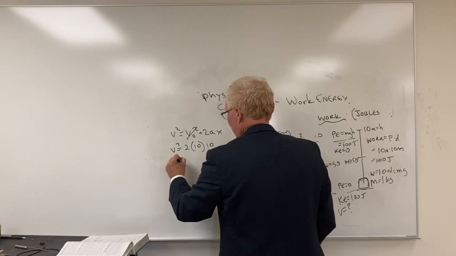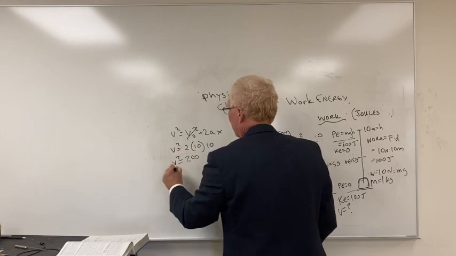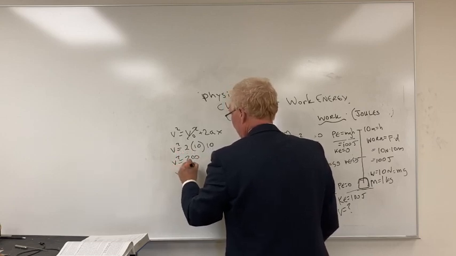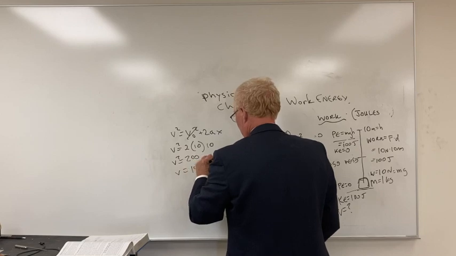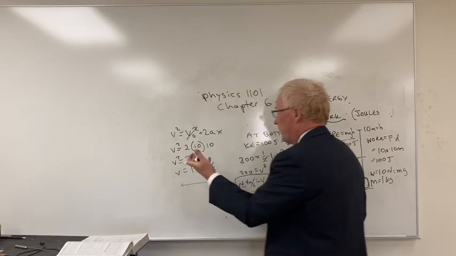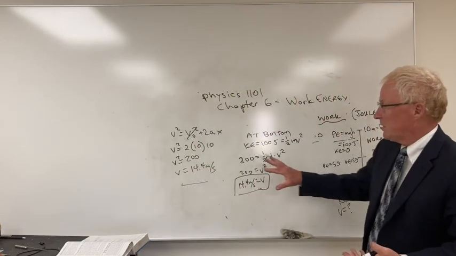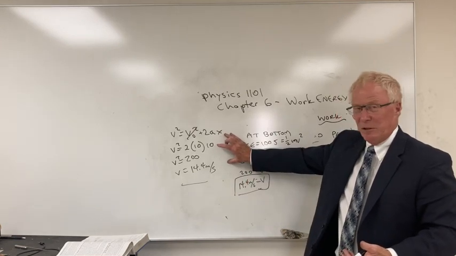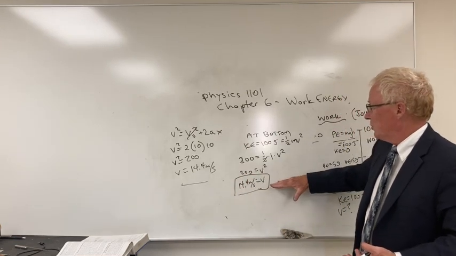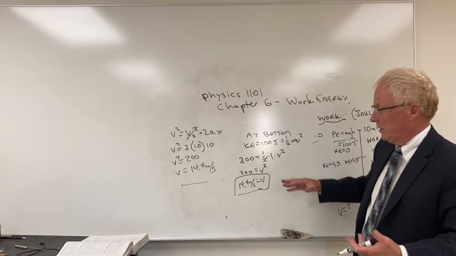This would be v squared is 200. V would then be 14.4 meters per second. So this is back using the same thing, so you have the same relationship. This is using the expressions from chapter 2. This is using kinetic energy and potential energy converting.